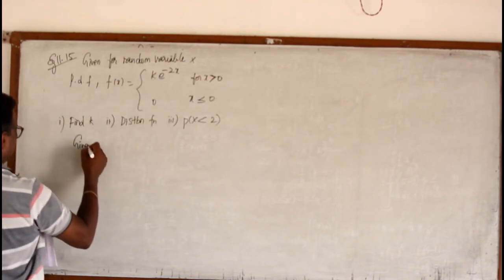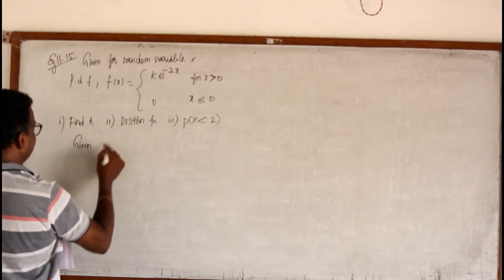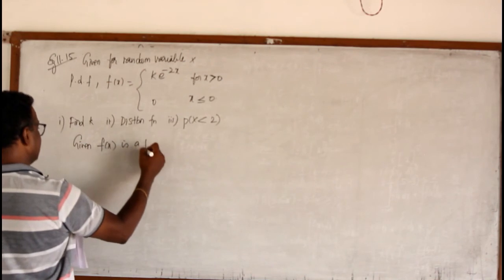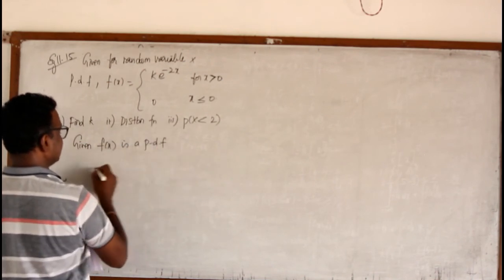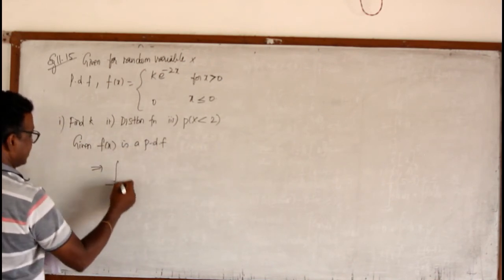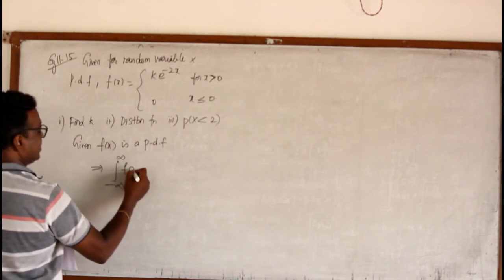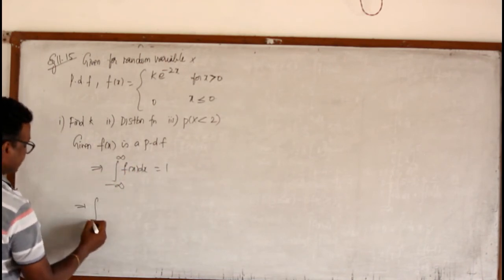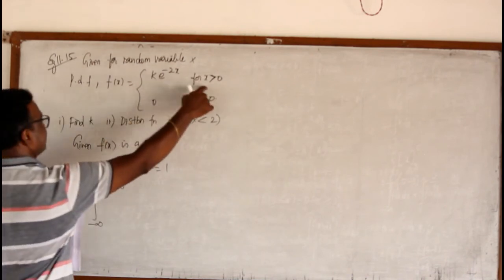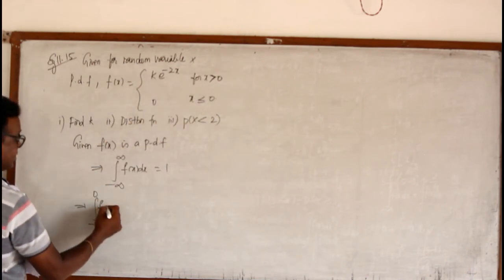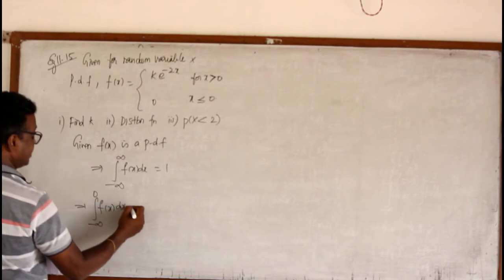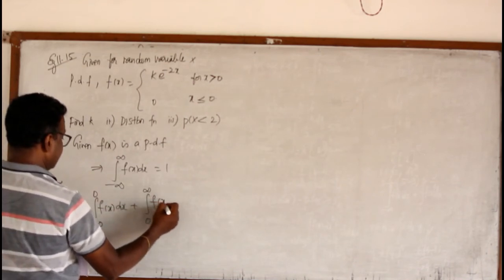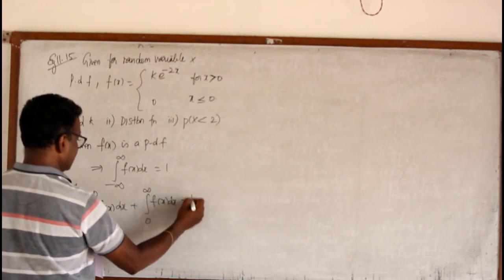Given that small f of x is a PDF, be precise, small f of x, then this implies the integral from minus infinity to plus infinity of f of x dx is 1. That is, the integral from minus infinity to 0 of f of x dx, then the integral from 0 to plus infinity of f of x dx. This value is 1.